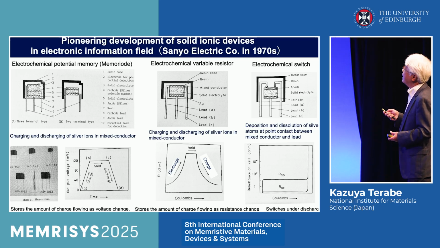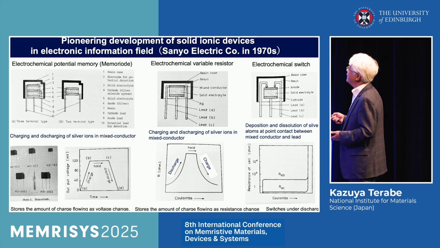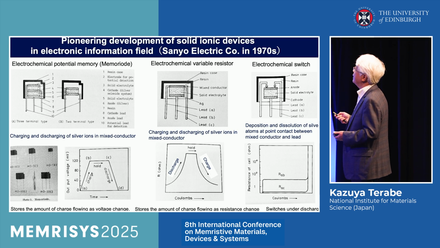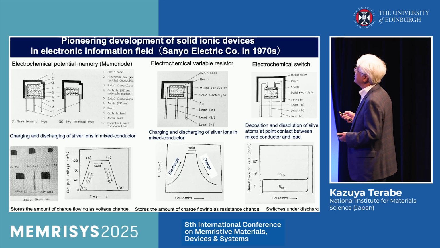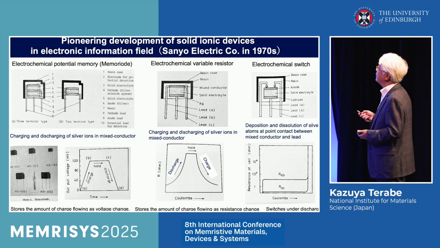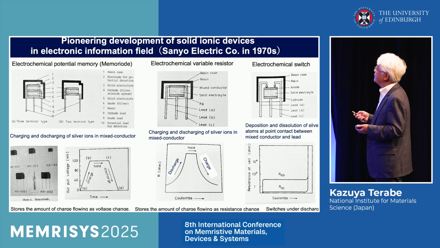The other is the electrochemical variable resistor. This is a three-terminal device. This is a lead wire, this is silver, and this is a mixed conductor of silver and electrons. This is a silver solid ion conductor. By applying voltage and current, ions migrate and are inserted into the mixed conductor. The resistance of the mixed conductor is changed by the inserted silver ions. This resistance is measured by these two electrodes.